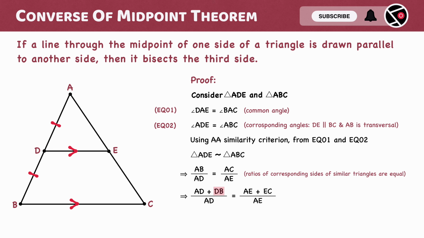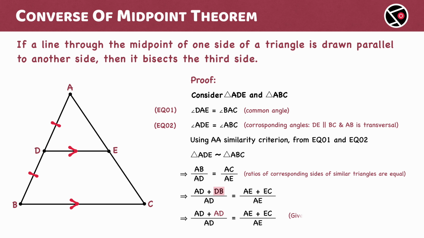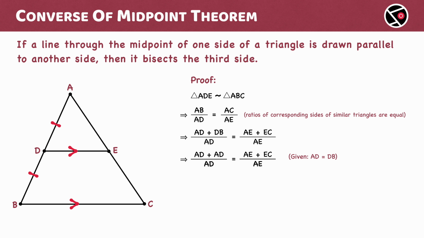So, we replace DB with AD and get AD plus AD over AD equals AE plus EC over AE. Or 2AD over AD equals AE plus EC over AE.